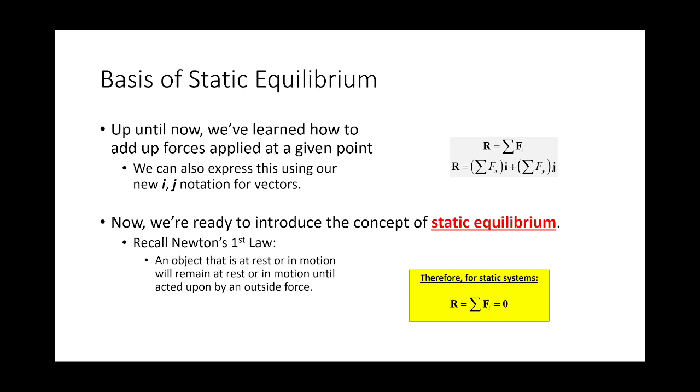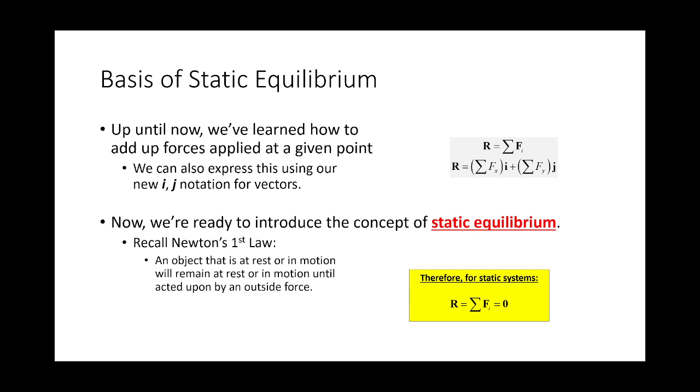Now, from a theoretical perspective, what we've been doing for the past couple weeks has been kind of boring because all we've been doing is just adding vectors. Now we're ready to start doing some analysis. We're ready to look at a situation and see what forces are necessary to maintain or to achieve static equilibrium.